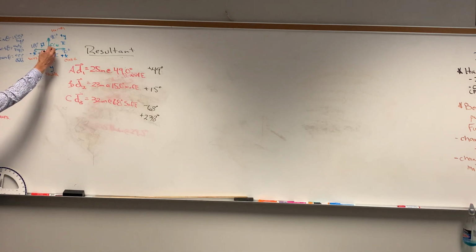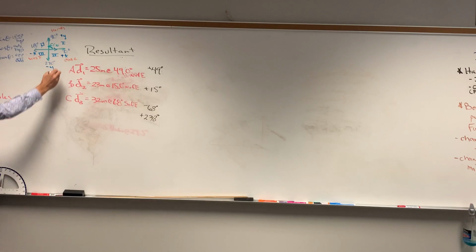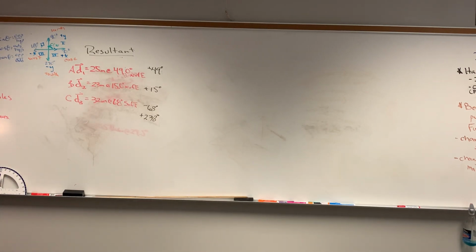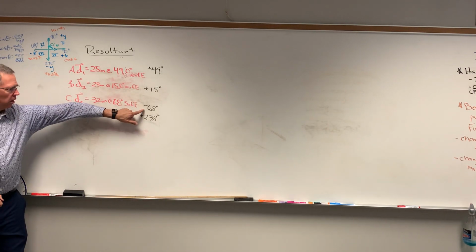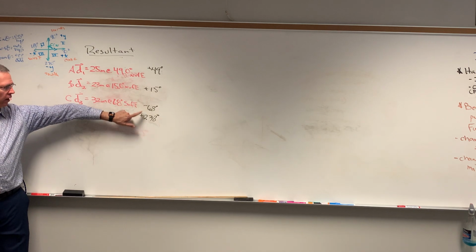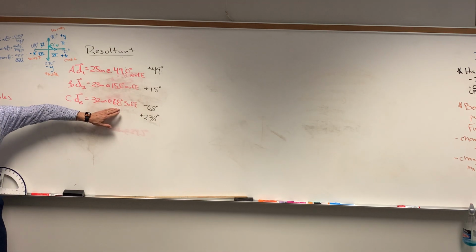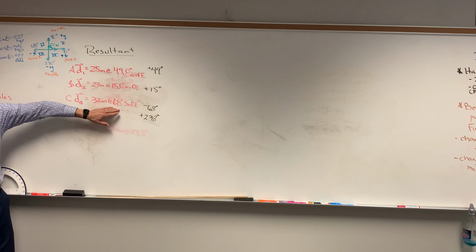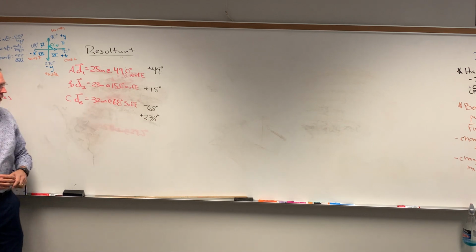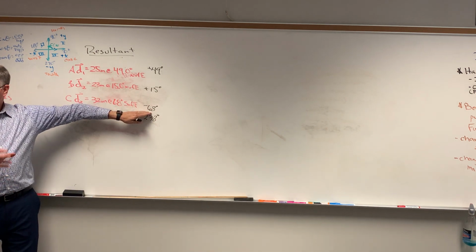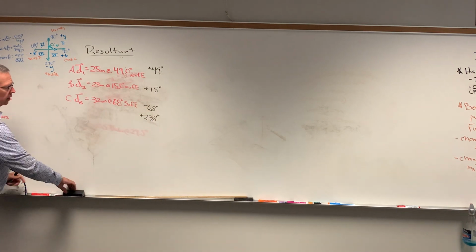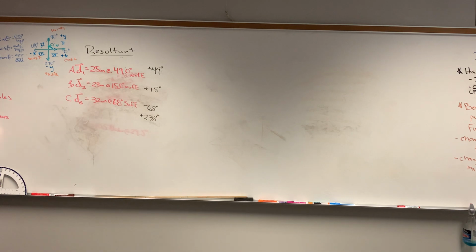Okay, so that would be here, all the way around in the fourth quadrant, pointing down that way. So these are all equivalent angle measurements for 68 degrees south of east. And these will be important when we start doing it mathematically, the analytical method. But I just wanted you to see there are different ways to represent the same angle.